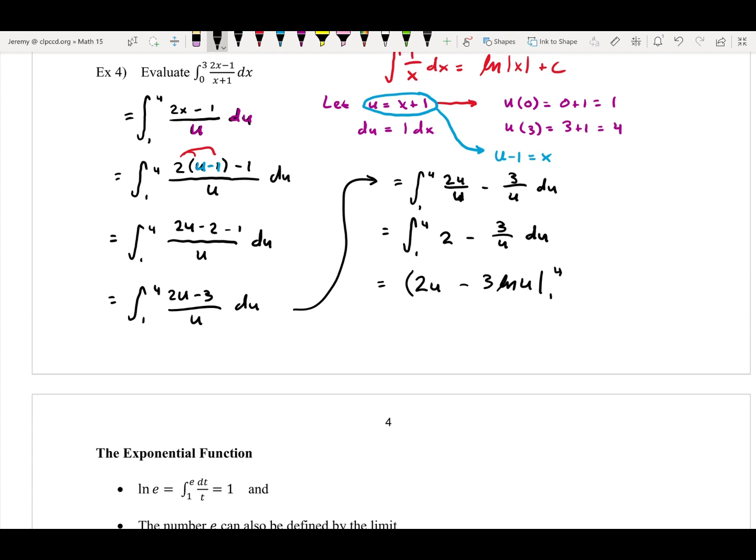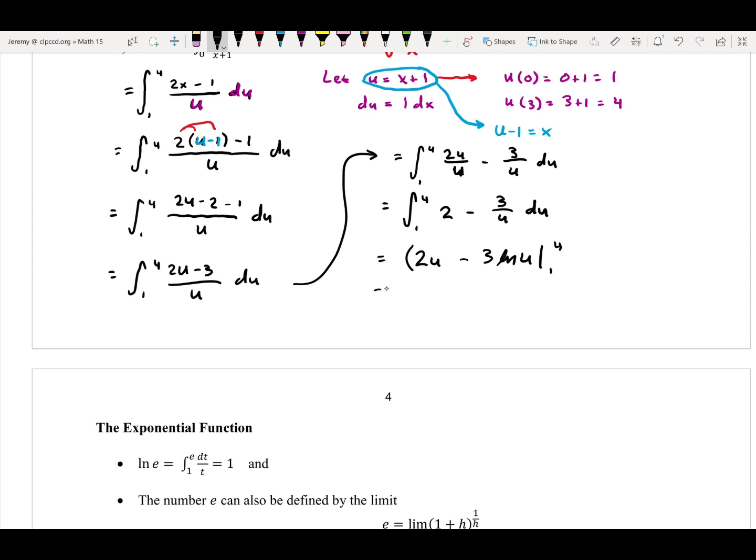I might not do every single step here, but the way we do this is first we put in 4. And then subtract from that, plugging in the lower limit, which is 1, so it would just be 2 minus 3 times the natural log of 1. We'd simplify down a little bit.